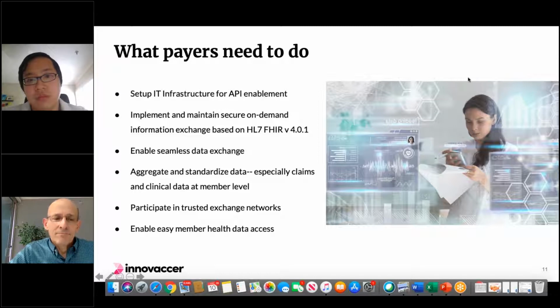One provider, one payer may have very different meanings for some of the data that's used, and specifically when we start talking about custom workflows, that data doesn't exist in all the systems, and that's where FHIR becomes very important because it standardizes the way that data is to be exchanged.